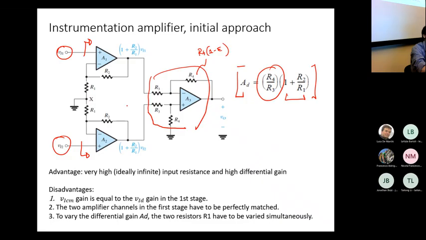This can be applied also to the initial part. If R1 and R2 are not perfectly matched to the R1 and R2 that we have here, then we have an additional common mode effect, which is unwanted.